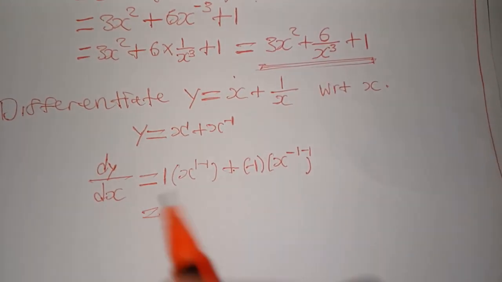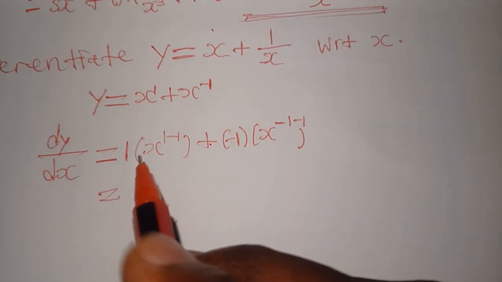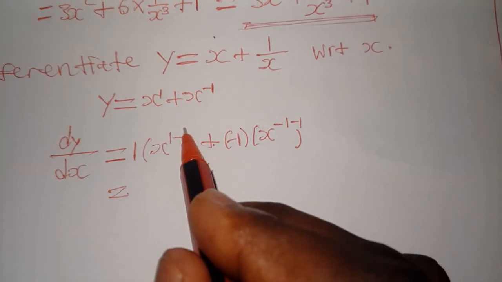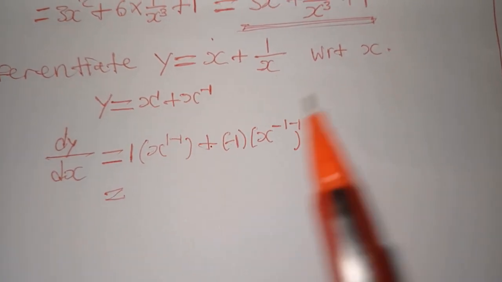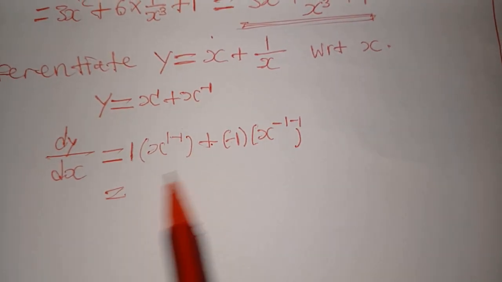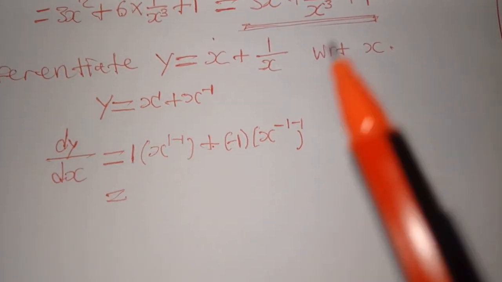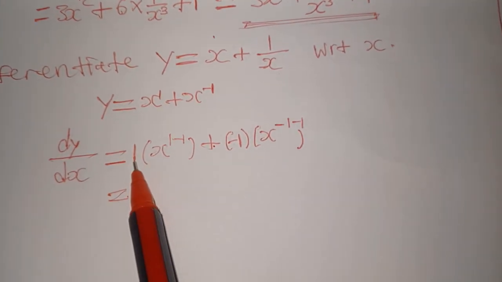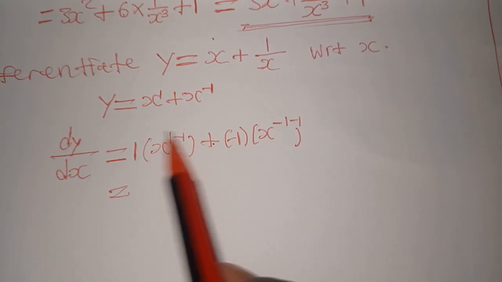So here you end up having a situation where you have 1 minus 1, that is a power, it will be x to the power 0. X to the power 0, we have already seen from the previous question that any positive number to the power 0, the answer is 1. So x to the power 0, it will be 1.